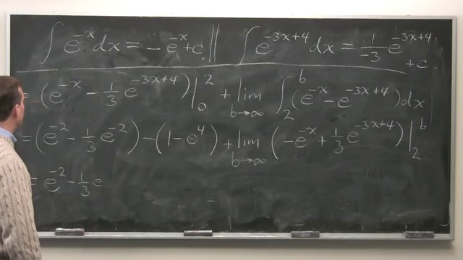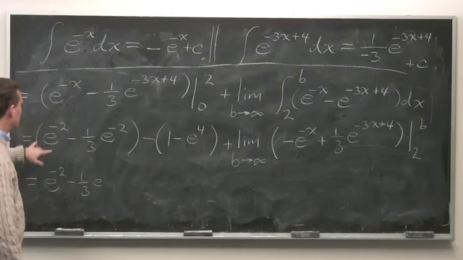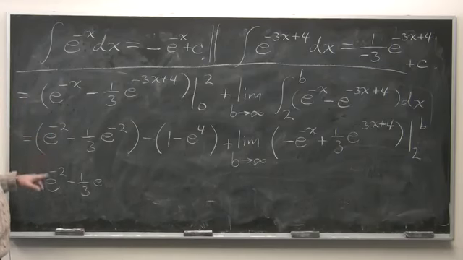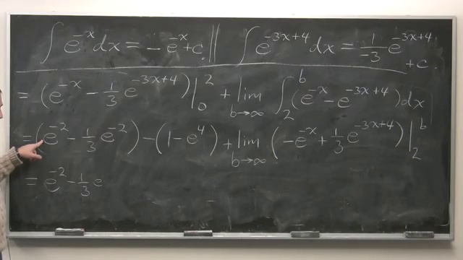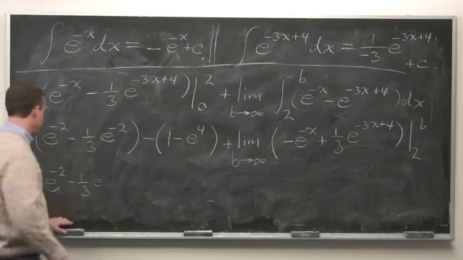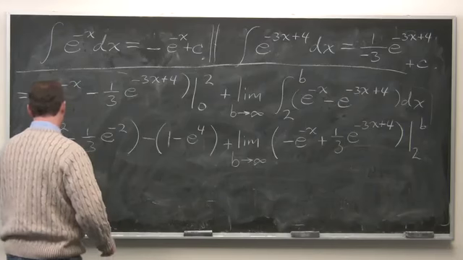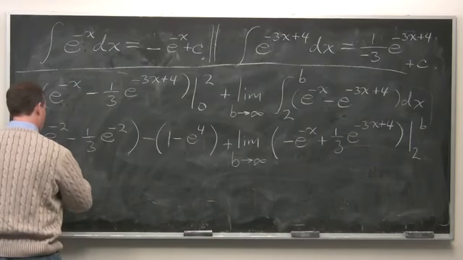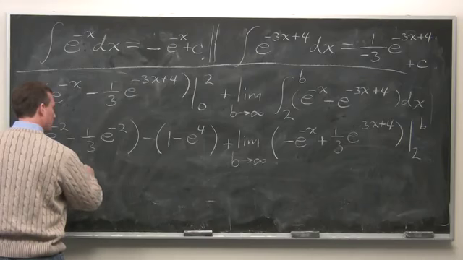Is that really what you get? Yeah, okay. Well, that's nice because this is 3/3 e to the minus 2 minus 1/3, so we can just write this as 2/3 e to the minus 2.